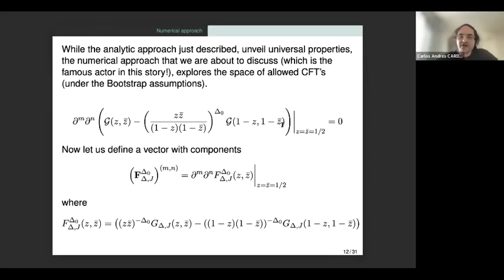So in the numerical case, how do we deal with this numerically? We start again with the crossing equation, and then we start applying derivatives evaluated at some particular point.